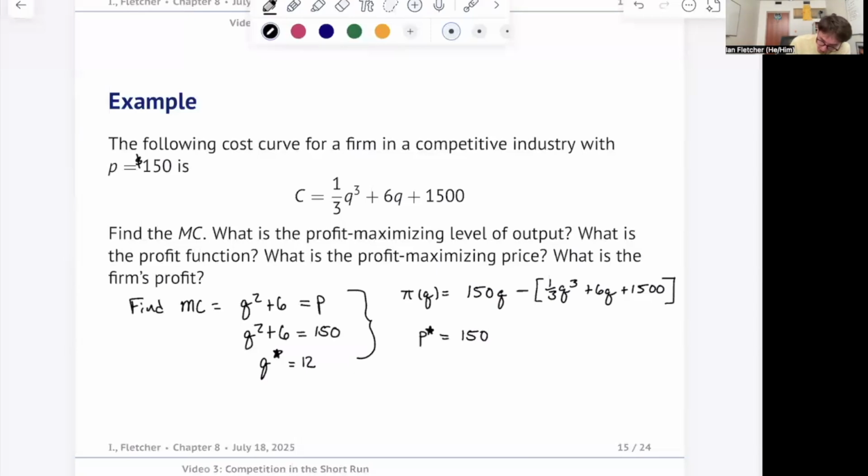And so our firm's profit at this point is going to be this long-winded calculation, which is going to be minus $348.